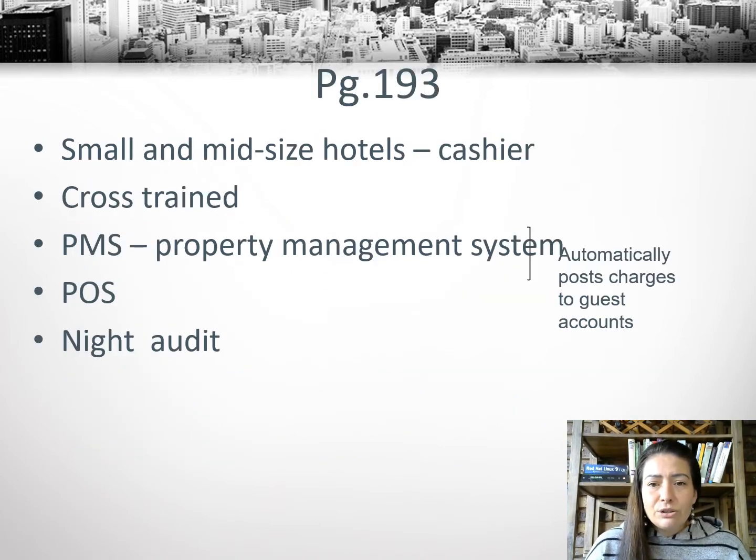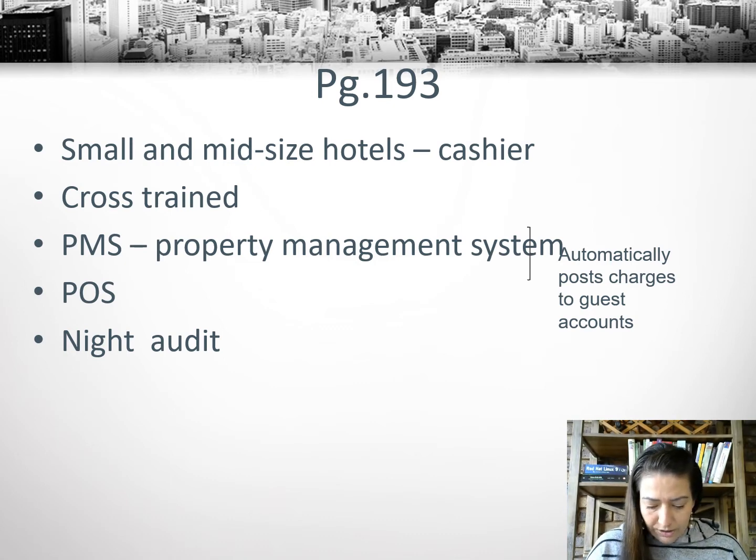Then with regards to small and mid-sized hotels, the front office is normally the cashier, so they have to be cross-trained. When I spoke in the previous slide about the central reservation systems, I said property management system. That's when we say PMS.